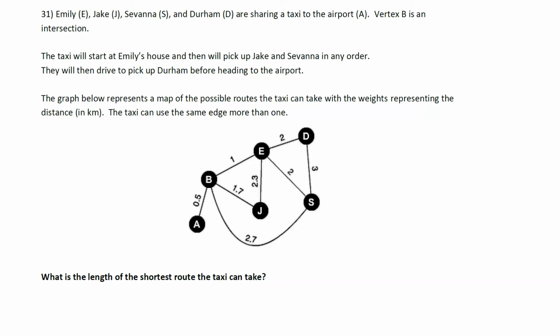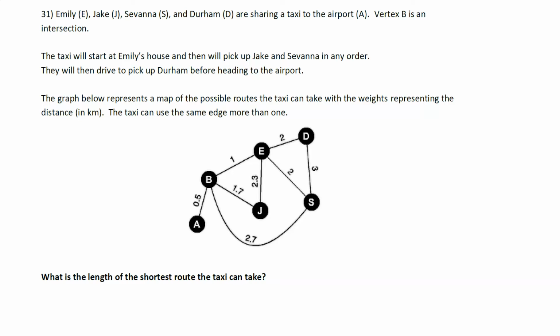After that, then I thought, well, maybe it's a Hamiltonian circuit. But it's not necessarily Hamiltonian because you're allowed to go through a vertex more than once. It doesn't say specifically that you can't return to the same point. And there's no specific requirement to cover all of the edges, so it's not an Euler circuit. That leaves us with fairly much a trial and error process to find the solution.